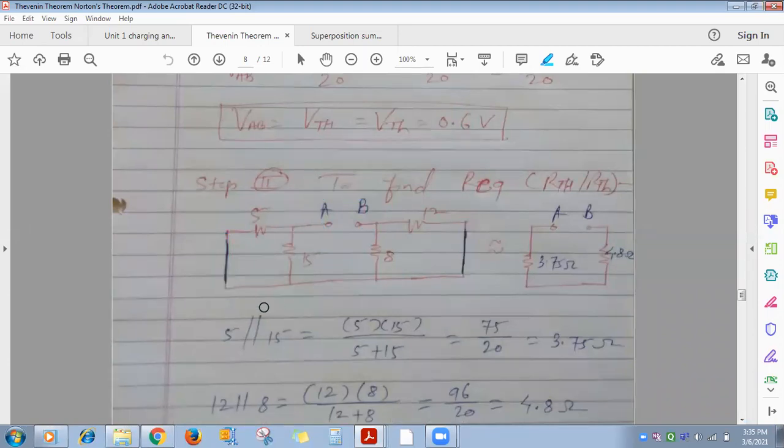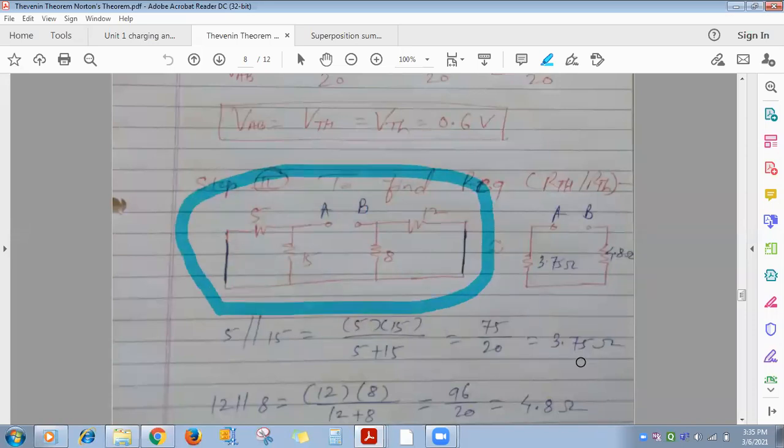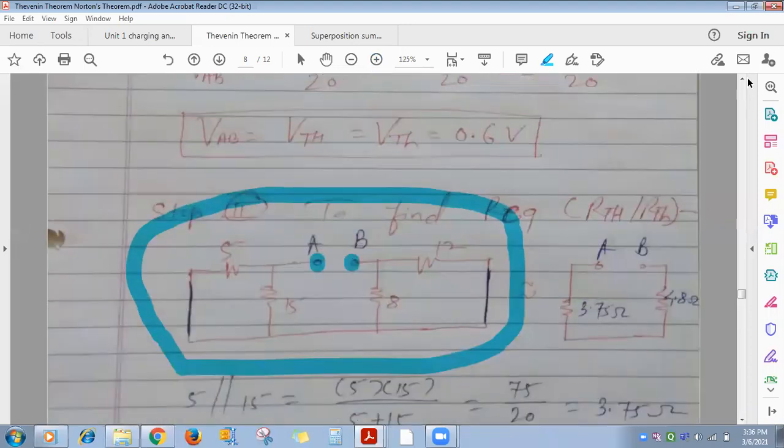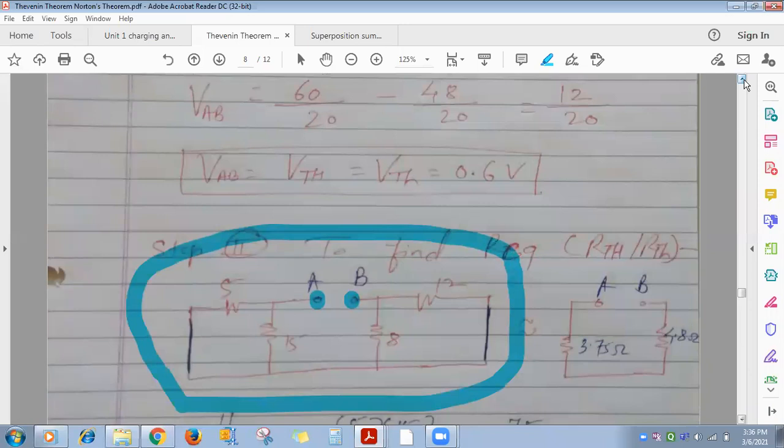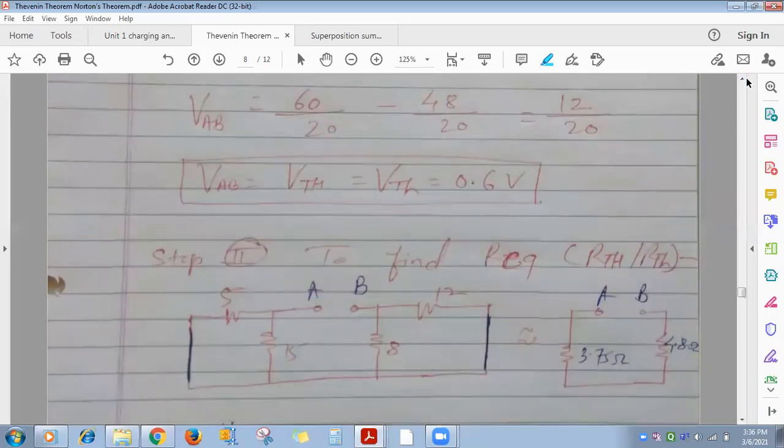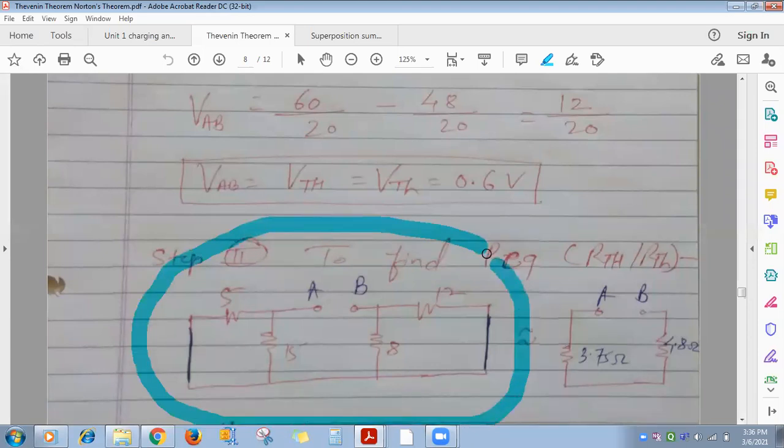Okay, so see, like this circuit you will get. Everyone draw it. Now what do you have to do in this circuit? Across these two open terminals A and B, wherever the load resistance was connected, what do you have to find out? Yes, equivalent resistance RTH. Once you have plotted this circuit, please tell me.